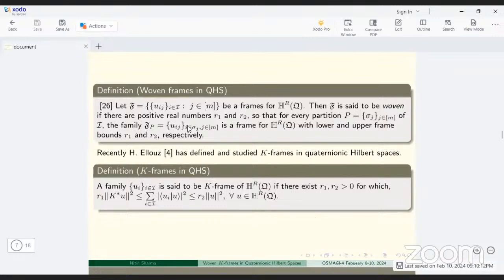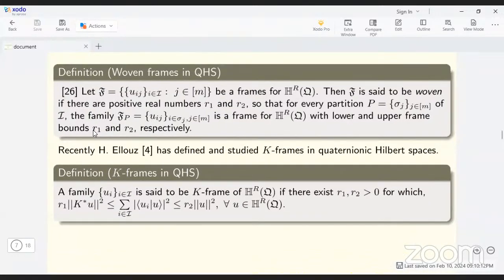Then we will say this countable family U_i forms a frame for the right quaternionic Hilbert space. And this is the definition of woven frames in quaternionic Hilbert spaces. QHS means quaternionic Hilbert spaces. We have taken M families of frames in a right quaternionic Hilbert space. It is said to be woven frames if there exist R1 and R2 such that for any partition sigma_j of I, this family F_sigma forms a frame with lower and upper bounds R1 and R2.